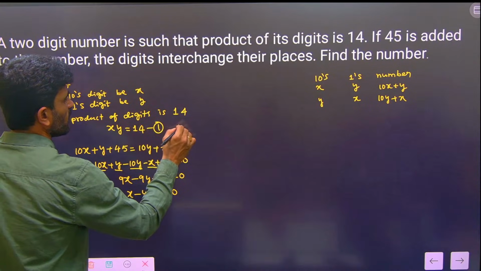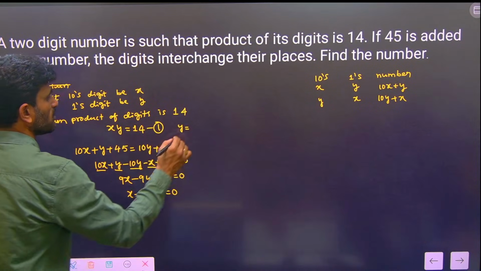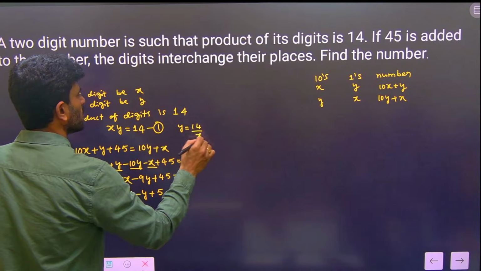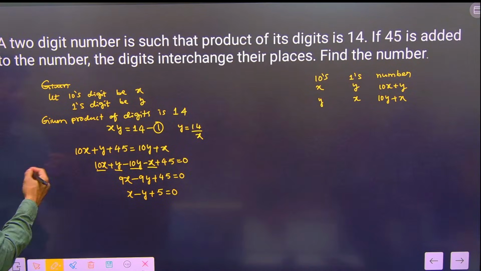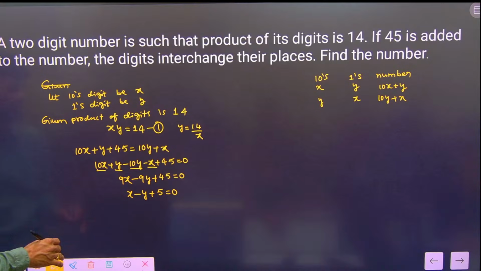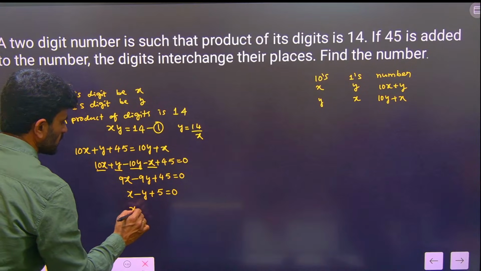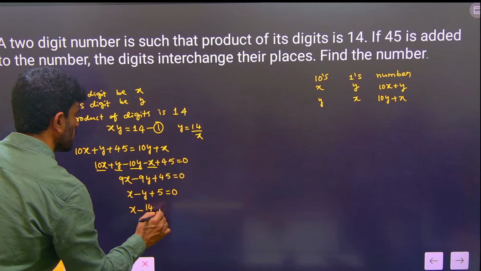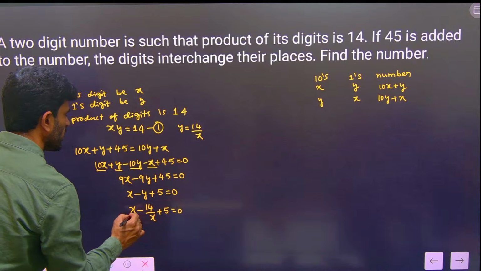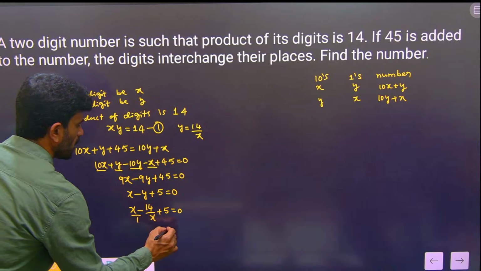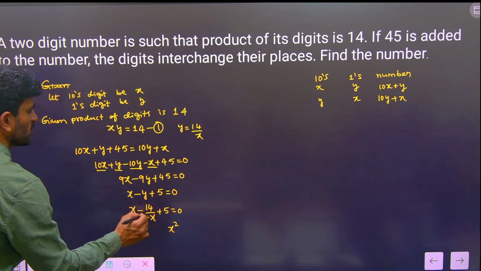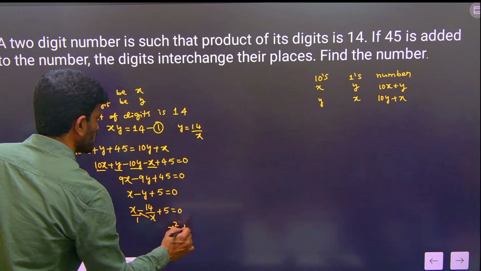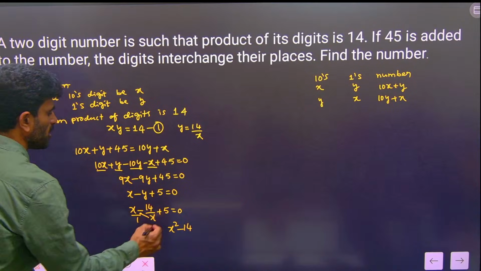Now what you do here, from this you write the value of y as 14 by x. X into y is equal to 14, so y is equal to 14 by x, that we can substitute here. X minus y means x minus 14 by x plus 5 is equal to 0. Now we take LCM. So it becomes x into x, x square minus 14, because already x is there in the denominator.